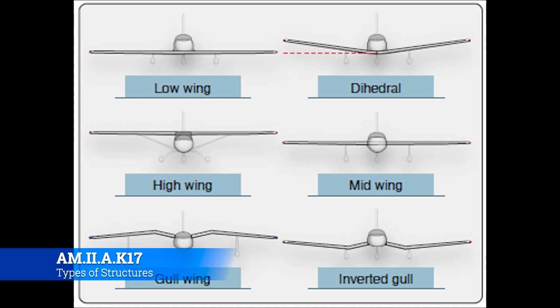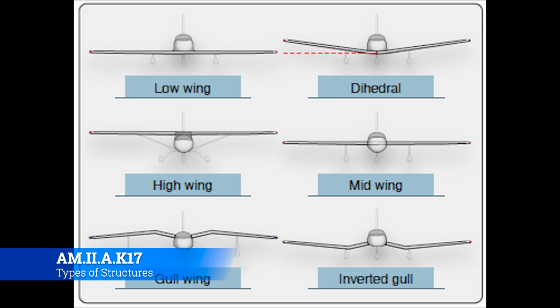Wing dihedral is listed here as a type of wing, but it's more of an attribute of wings. Most wings have some degree of dihedral built into them. Dihedral is simply the angle at which the wings are canted up, usually a couple of degrees.